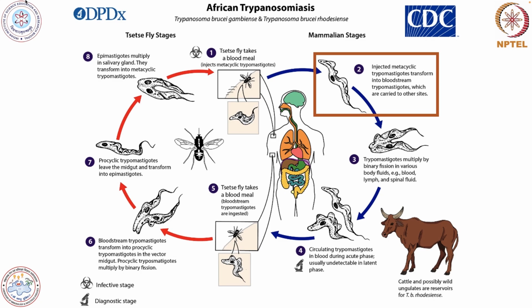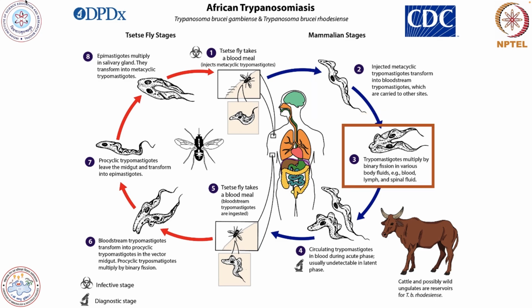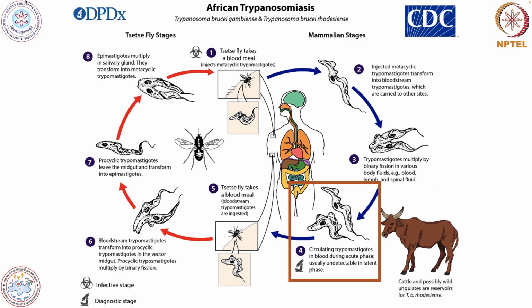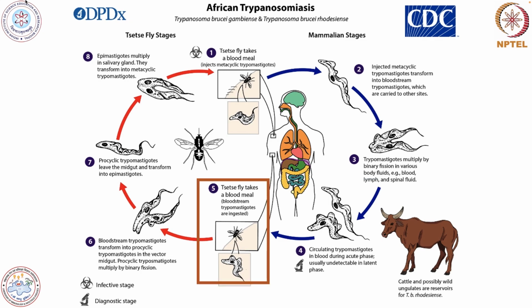The tsetse fly becomes infected with bloodstream trypomastigotes when taking a blood meal on an infected mammalian host. Here you can see these trypomastigotes being taken up by the tsetse fly.